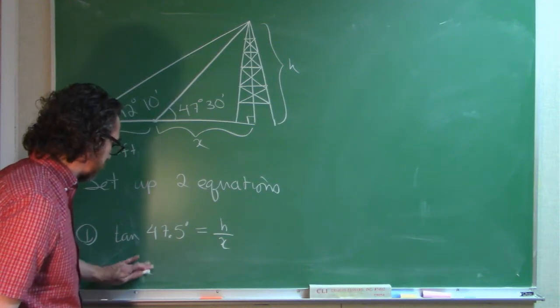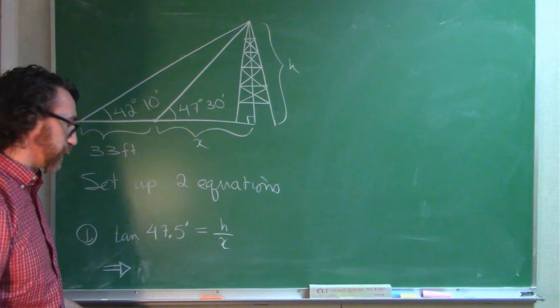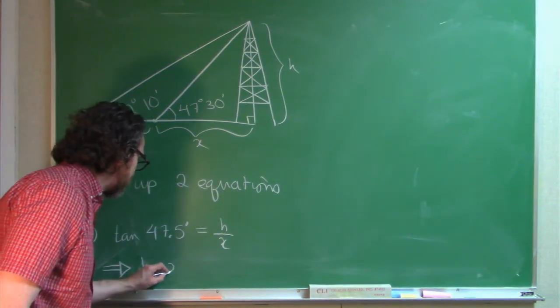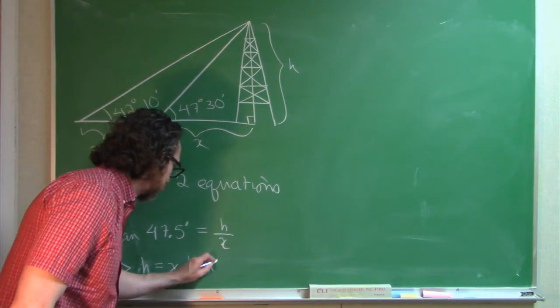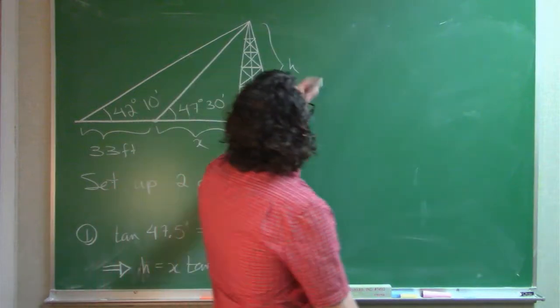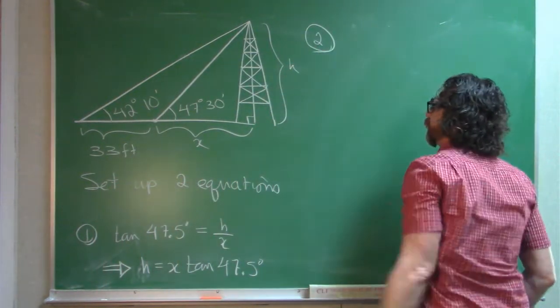I don't know, I'm going to stick to my original plan. I doubted myself there for a second. I'm sticking to my original plan. h equals x times tan of 47.5 degrees. Now let's do a second equation.